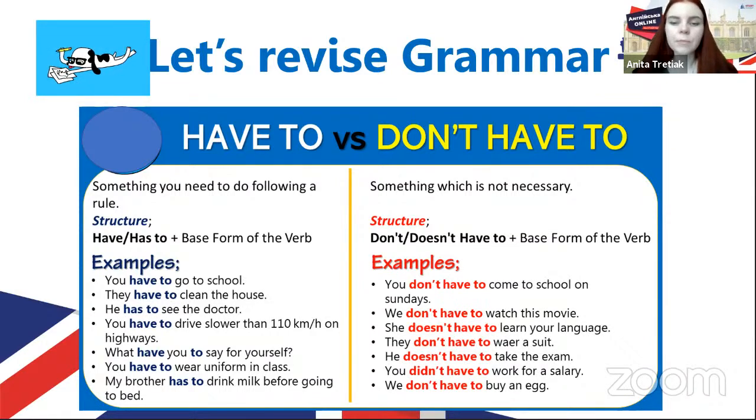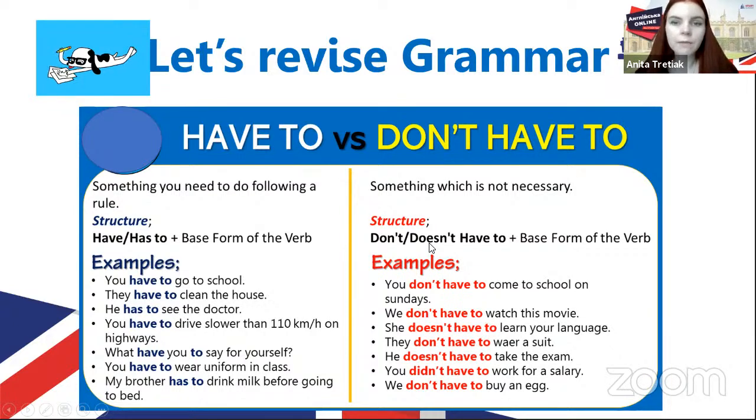The structure. Here we have don't or doesn't and have to. As you can see, we don't use has to here because we've got the negative form and we have don't or doesn't in this case. So don't have to is used when you have I, you, we, and they, just the same thing in plural forms.